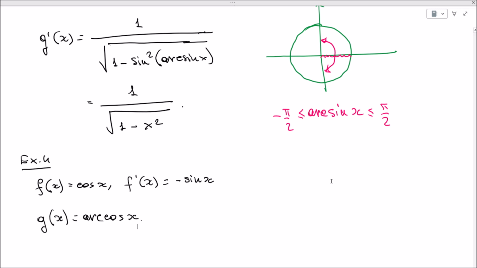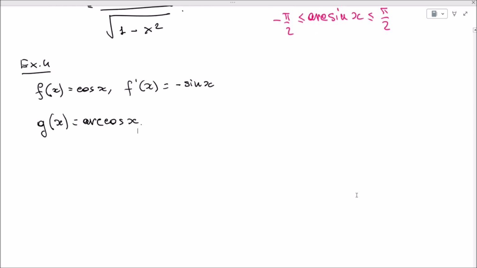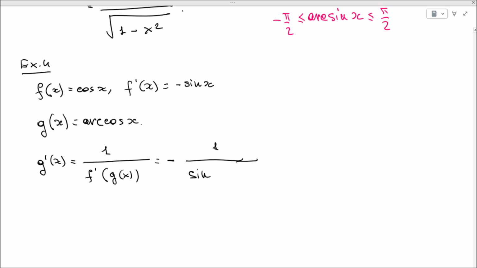Let's apply the theorem as always. So we have that g prime of x is equal to 1 divided by f prime of g of x, and this f prime of course is minus sine, so we have minus 1 divided by sine of g of x, which is the arc cosine of x.